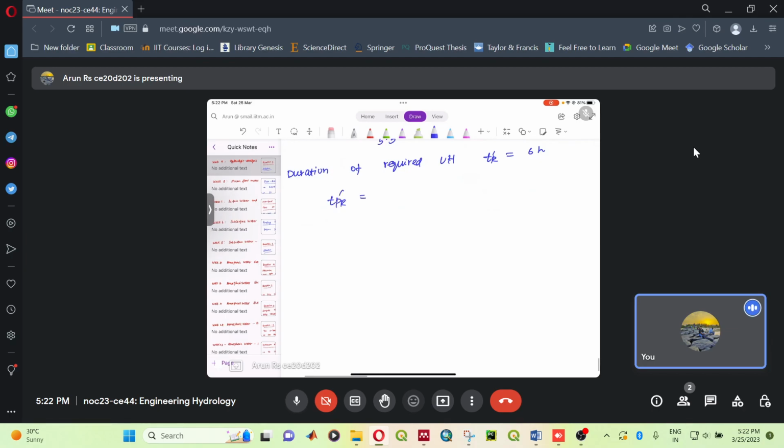TPR dash is equal to TPR minus TR minus TR dash divided by 4. So we are adjusting the TPR dash such that we don't have any effect on the rainfall duration, and we don't have any effect on the peak because of this difference in the duration.